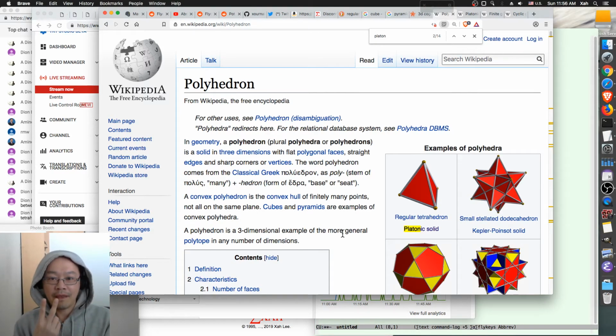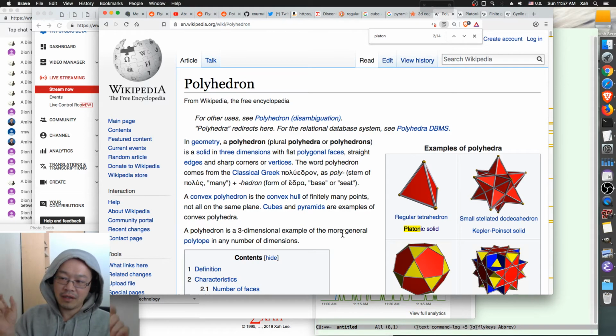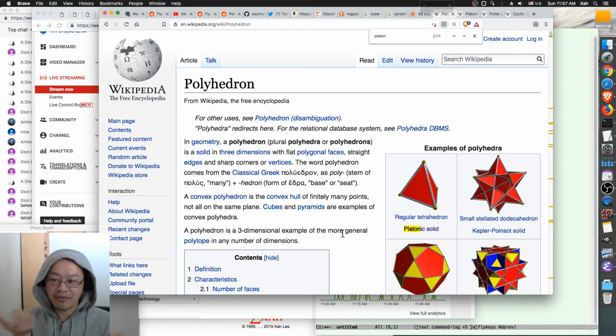Now, what does the function do? The function takes any two elements in a group and returns another element in the group. By tradition, it's called a binary operation. So you take any two elements in a group, then you apply the binary operation.